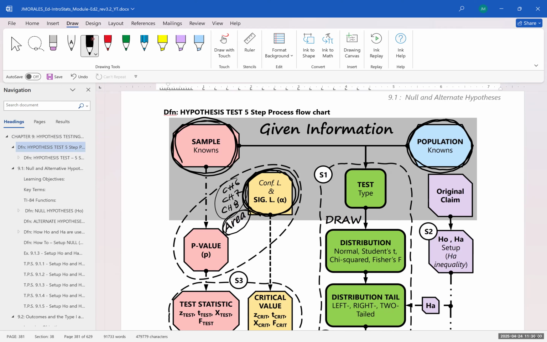And you learned that the area under the curve is the confidence level and the significance level. There's going to be a new area that you're going to learn about, and that's called the p-value. So we're going to learn about that here in chapter 9. But the p-value is going to end up being compared with the significance level. Okay, we're going to be comparing two areas, like with like, during this hypothesis test process.